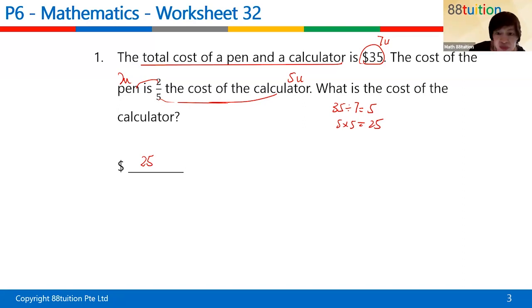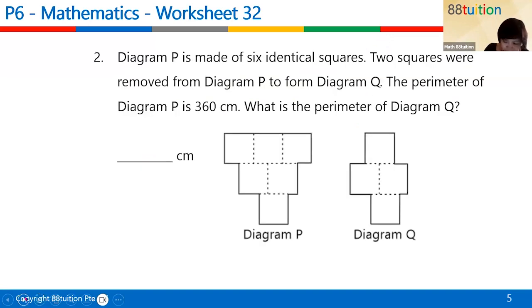Then next one. Diagram P is made up of 6 identical squares. 2 squares are removed. The perimeter of P is 360 centimeter. What is the perimeter for Q? So meaning to say we need to count.